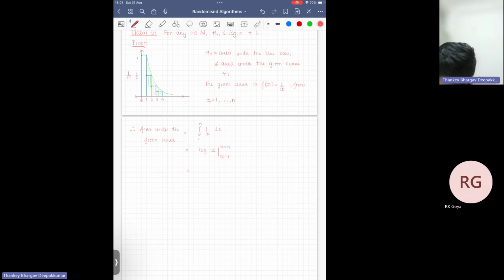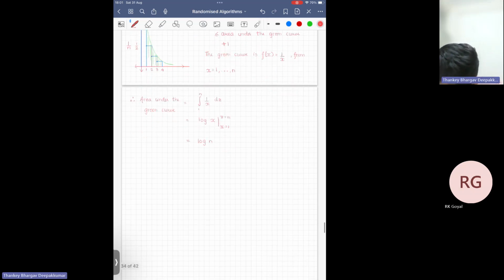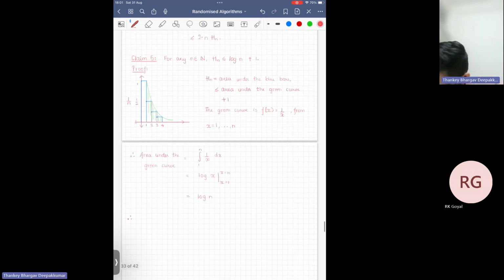And this is just log n minus 0. So the area under the green curve is log n, and Hn is upper bounded by that plus 1. So Hn is upper bounded by log n plus 1, right?